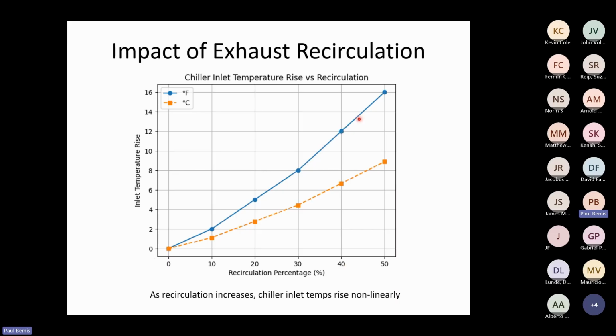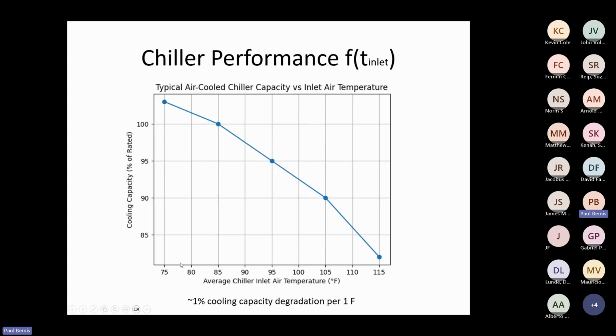Now that curve looks fairly linear. It's not, but in this range it is, so that's not a bad curve to look at. And it turns into a situation where it's going to degrade approximately 1% per degree F.